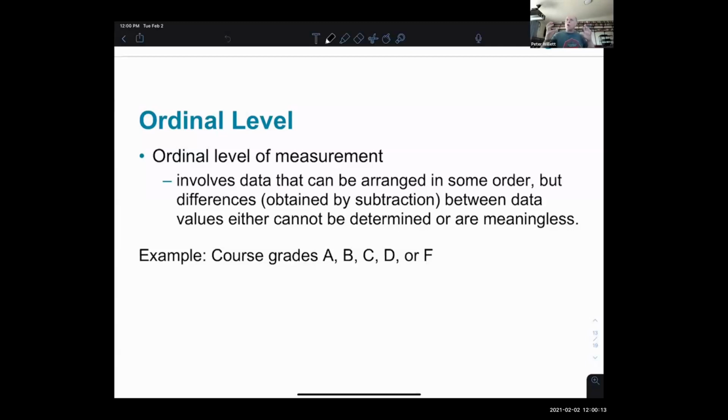There's a natural ordering, but the differences don't make sense because you can't subtract the words. If you talked about the layers of the Earth by the depth, then all of a sudden that would go beyond ordinal because then differences would make sense. So this is 10 feet deeper than that, and I just subtracted. But when you're talking about names of certain different levels, that's a perfect example.